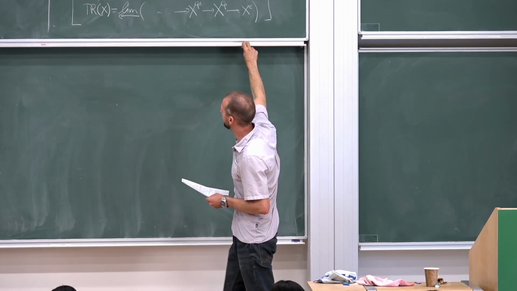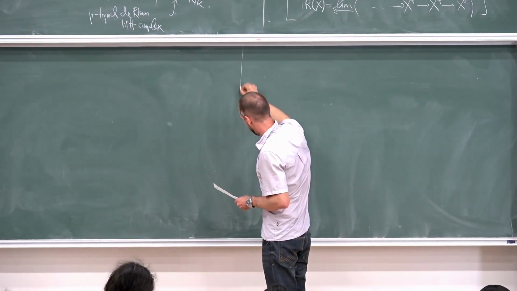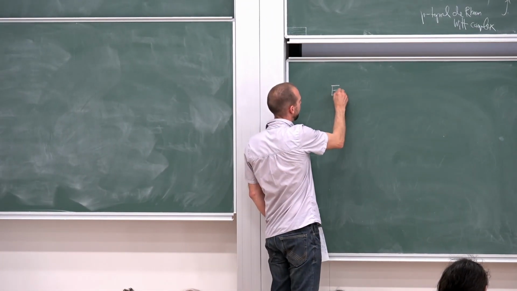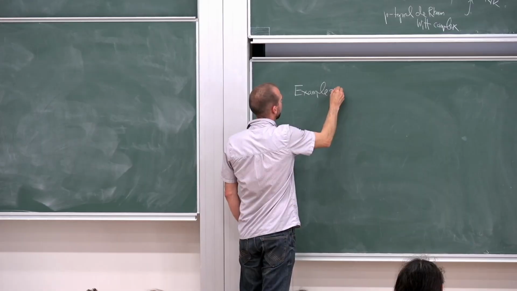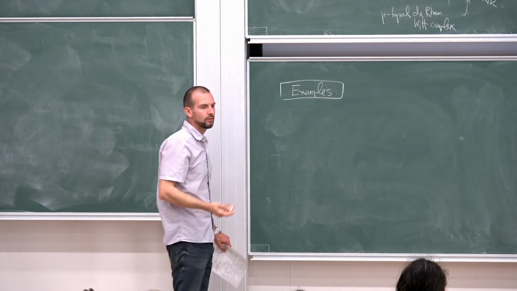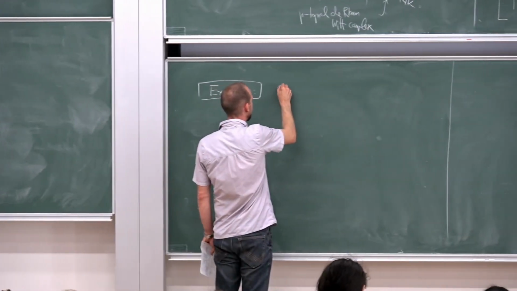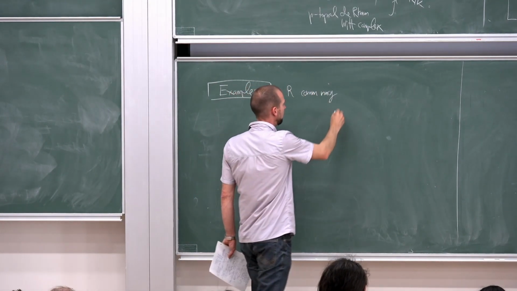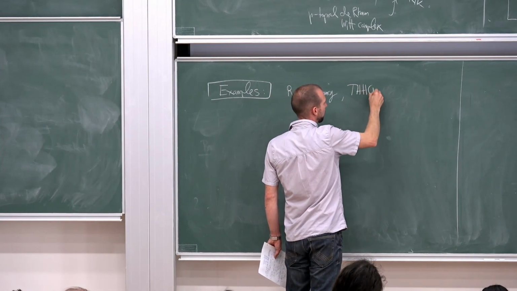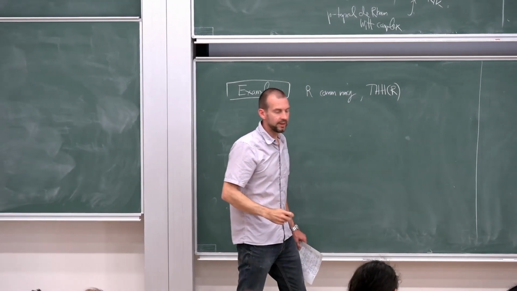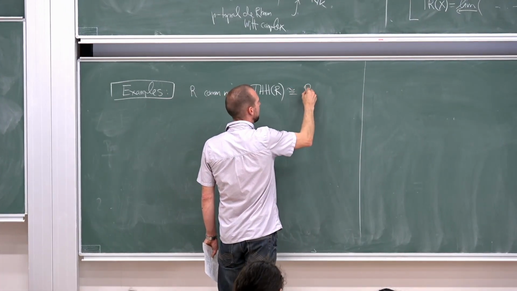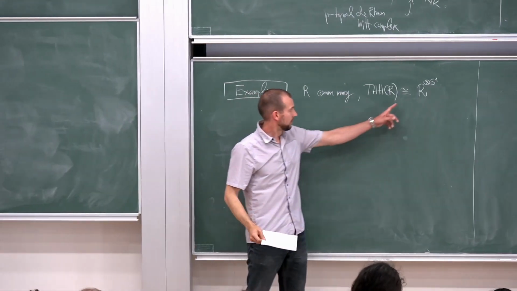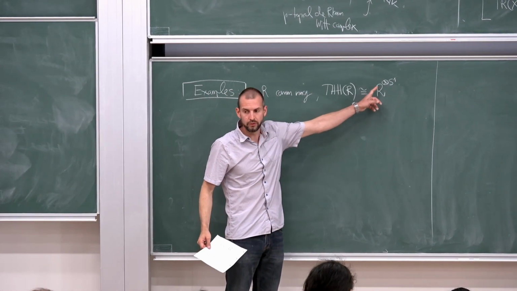And the classical examples that many of you know, and I guess we have heard Mona talk about it. I mean, the prototypical example of a cyclotomic spectrum, of course, is if R is, say, a commutative ring. I mean, that can be associative. Then THH of R is an example of a p-cyclotomic spectrum. And I want to say this in a specific way. THH of R is R tensor S1. So it's a colimit in the category of E-infinity rings over S1.